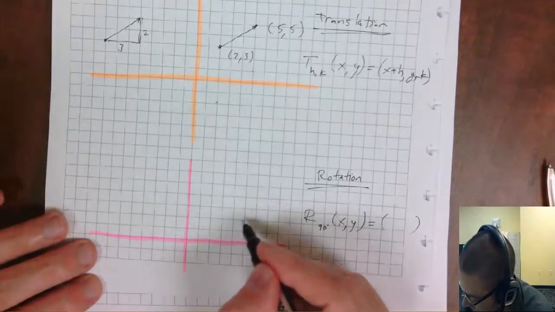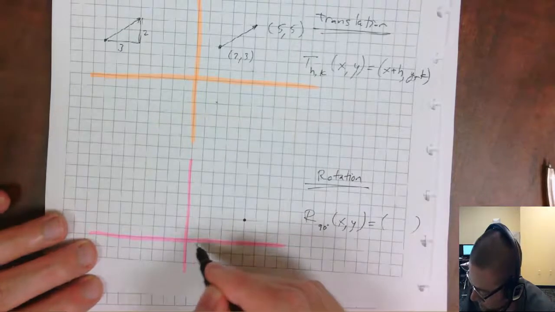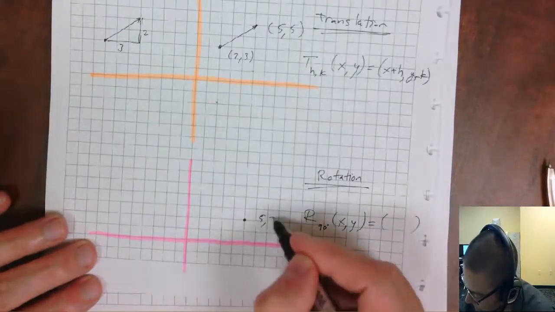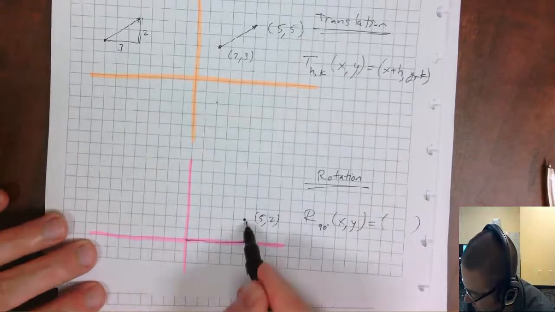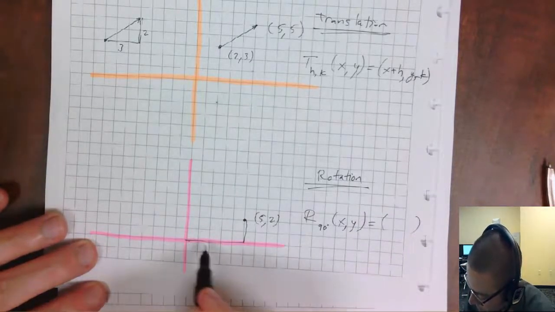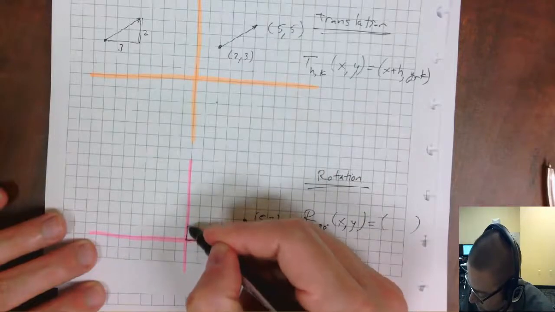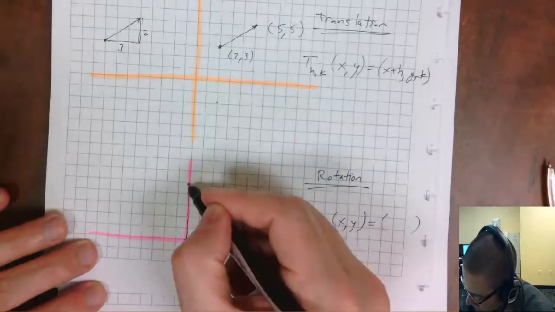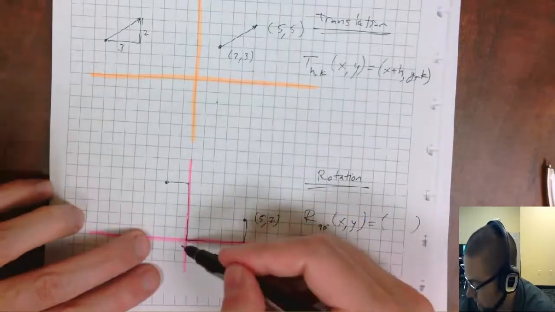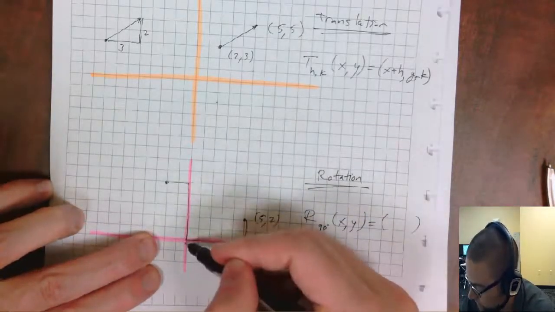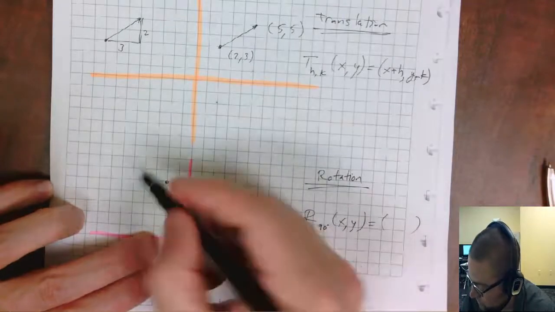So if I started with this point right here, 5, 2, and I rotated it, remember how I used my L bracket, and I rotated it 90 degrees, it's going counterclockwise. But this new point now, this is about the origin too, would be 2, negative 5.